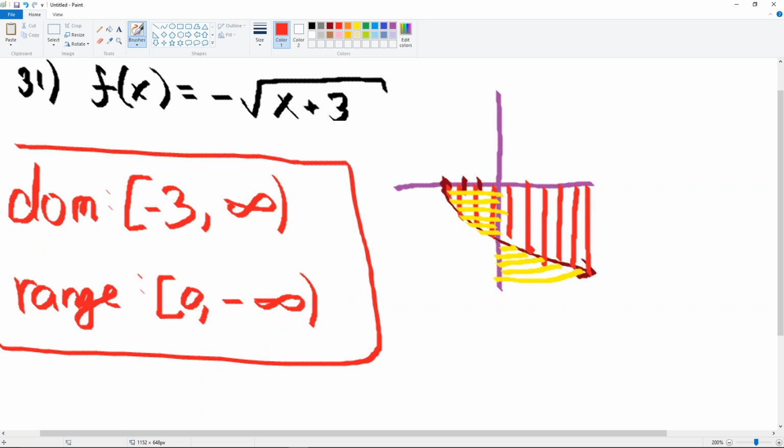What else? 44. Four. Okay. I started, but I think I was doing it wrong.